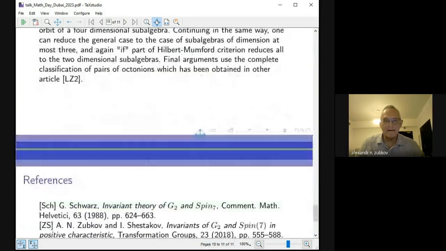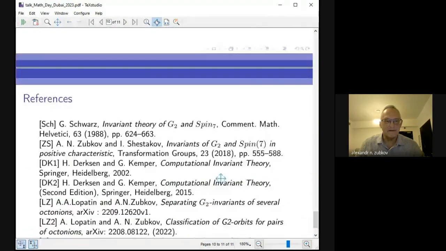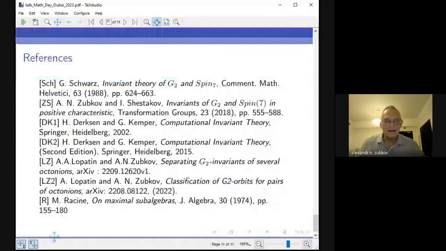Here I will just show you the references. This article by Racine appeared in the Journal of Algebra about 50 years ago. It's a very old result. Our works with Artem Lopatin are available at arXiv.